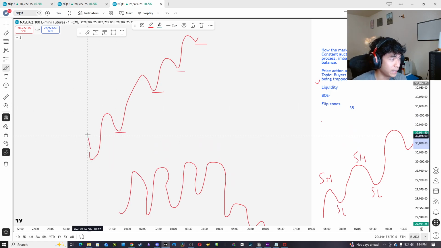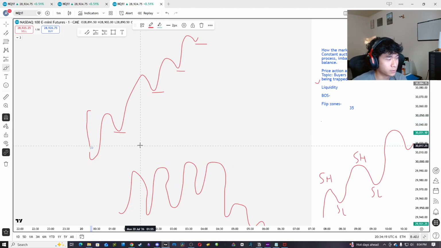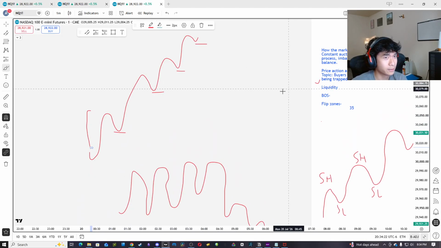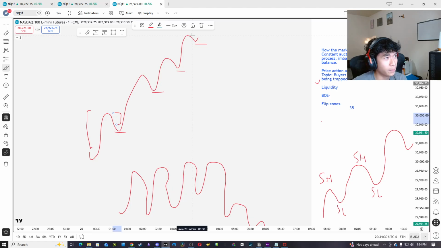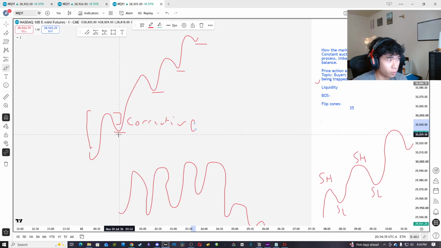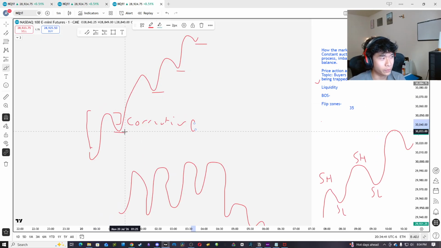Corrective means there's no clear direction, and it's the counter move. Like this big move to the upside, that's impulsive. That's trending, that's trending or impulsive. This move to the downside right here is tiny. In the grand scheme of things, price is still going up, but this minor pullback is a corrective move. It's just going back down slightly, taking some more orders. It's finding fuel so it can continue going up.